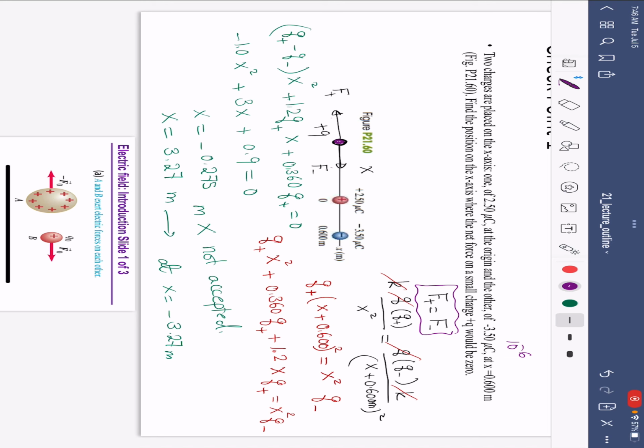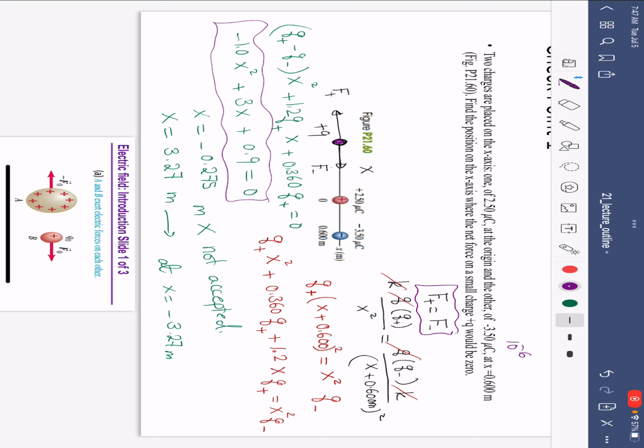Now I converted my physics into an equation that is a quadratic equation. When I solved it, I got two numbers, one of them negative, one of them positive. I will reject the negative.